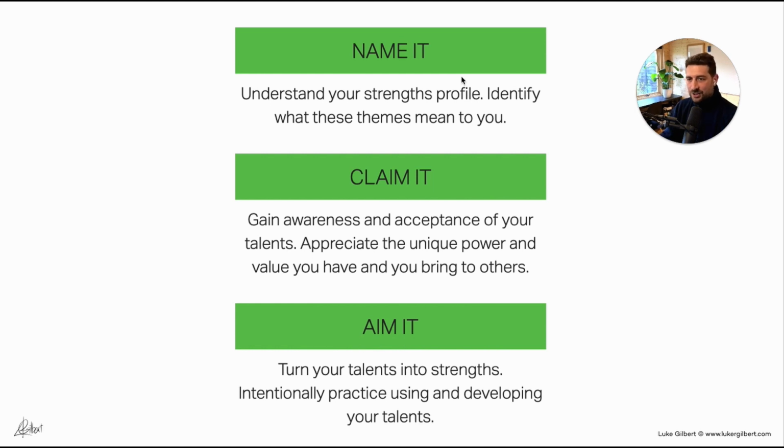So the first thing is you want to really understand, what is this particular theme talking about? What does it mean? So context, for example, is one of the themes. Well, what does it mean to have a natural talent for context? So you need to unpack it. Sometimes it's not as intuitive as the word, like focus or communication.